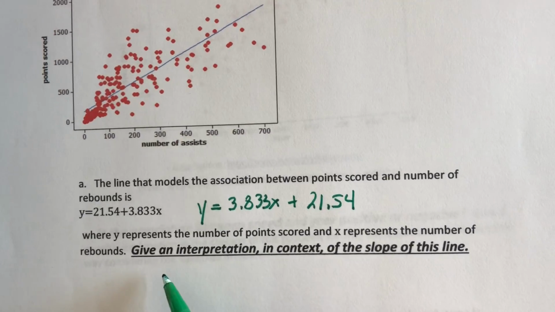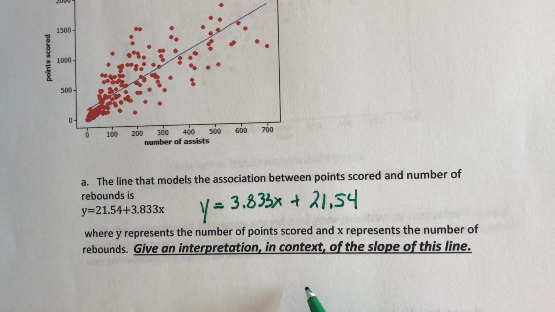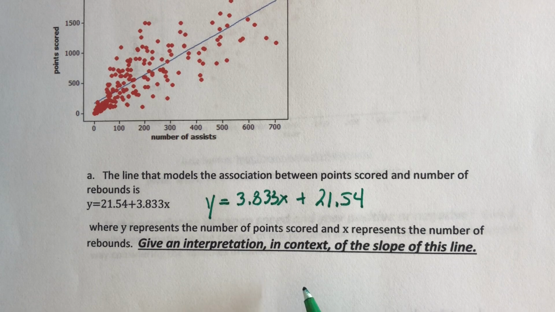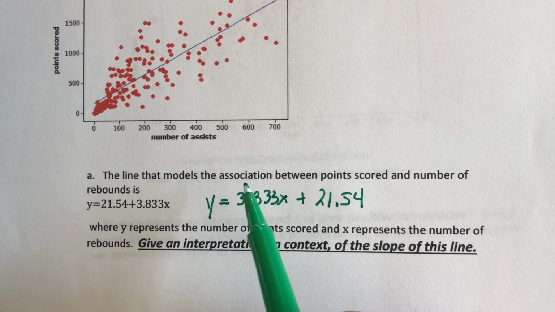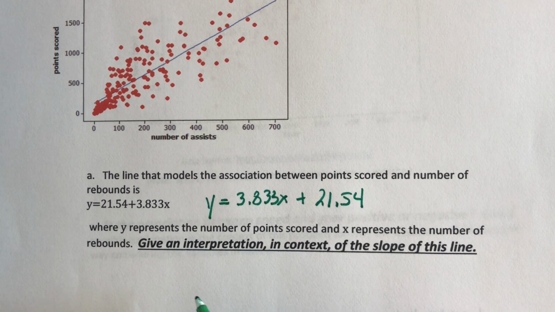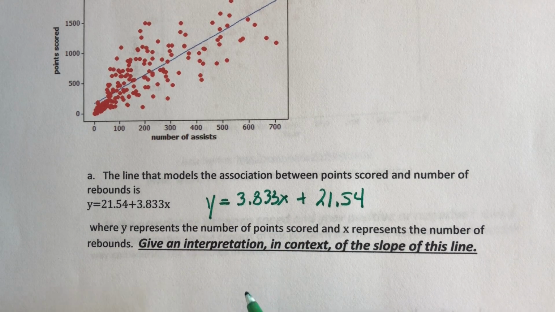Give an interpretation in context of the slope of this line. I kind of told you what to do on that: the x-axis is representing rebounds, the y-axis is representing points. Just based on these numbers, tell me what that means.